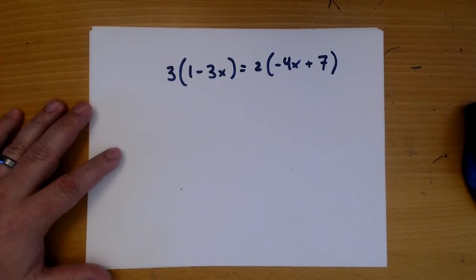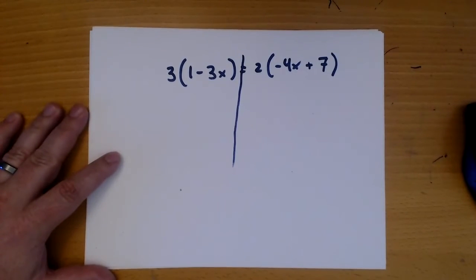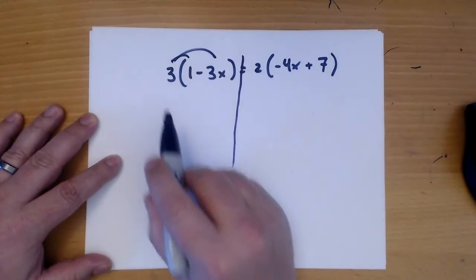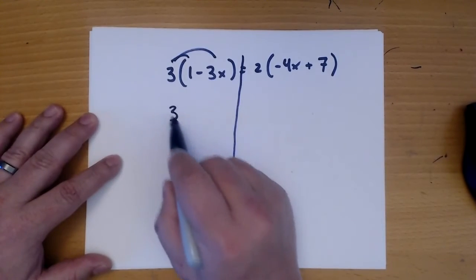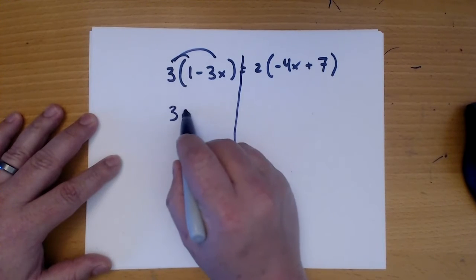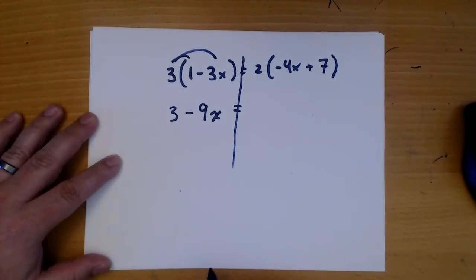So first, we draw a line. Now, let's distribute. 3 times 1 is 3. 3 times negative 3x is negative 9x.